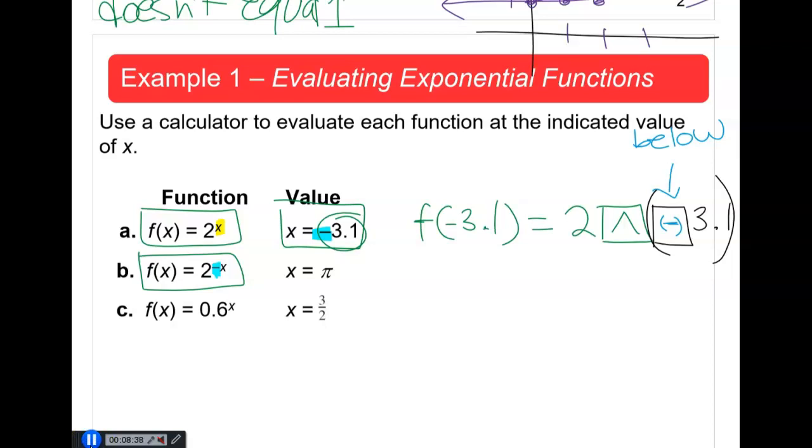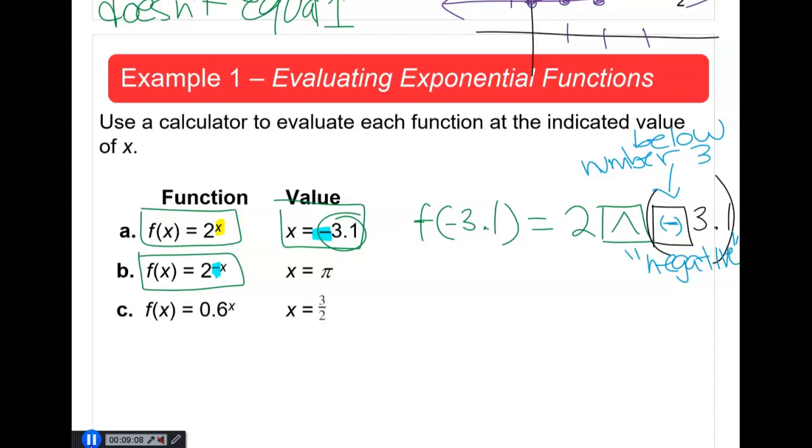Okay, so I checked with the keyboard of a calculator, and it's below number 3. That's the sign that is called negative. The other sign that we call minus, that is next to the plus sign. So your calculator should have 2.